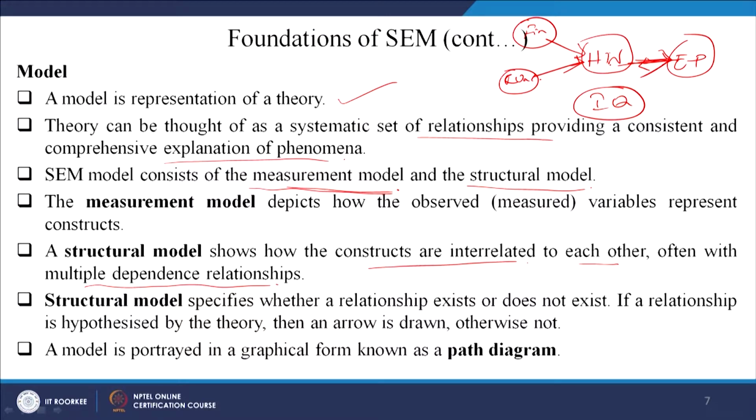Performance is affected by hard work and IQ, and hard work is again affected by finance and maybe the condition of the house, and IQ may be affected by something like which kind of environment you were born in and your parents' education, could be, I am just giving a guess. A model is portrayed in a graphical form known as a path diagram. So, this entire thing is called a path diagram.